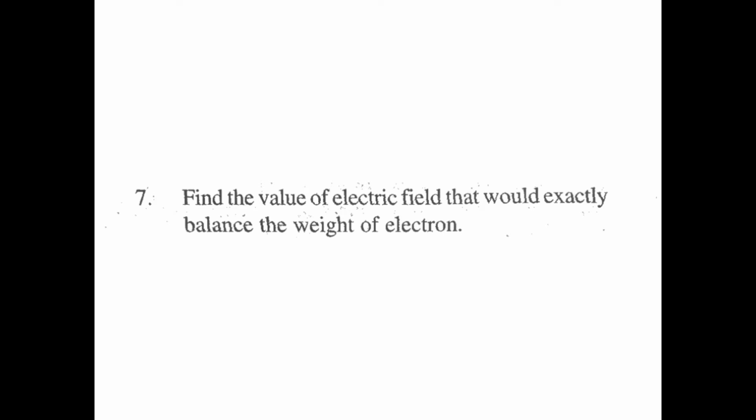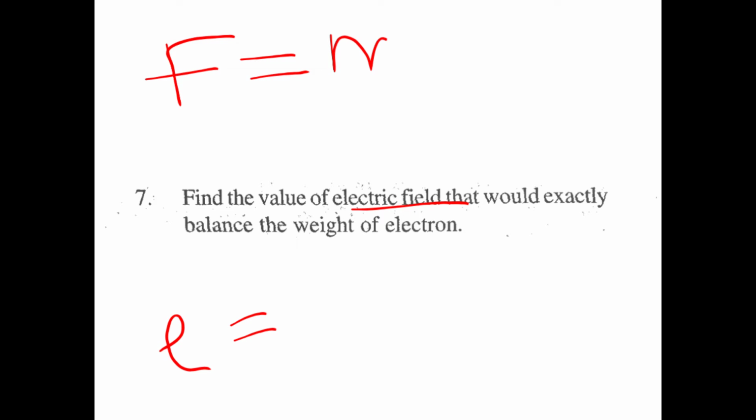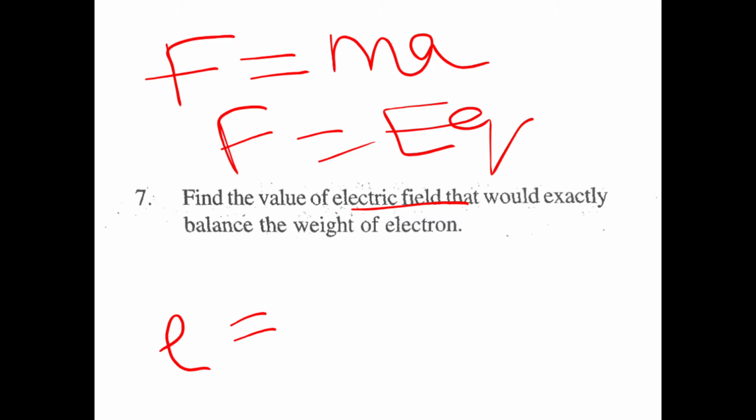Find the value of electric field that would exactly balance the weight of an electron. How can I solve this? We have to find the electric field that exactly balances the weight of the electron. First we have to know the charge of the electron. Here we have to use some tricky knowledge. From Newton's second law, F is equal to ma, and we also know F is equal to EQ from electrostatic relationship.